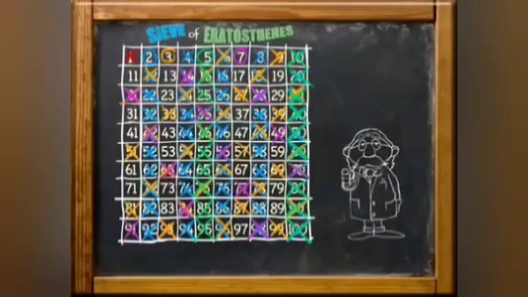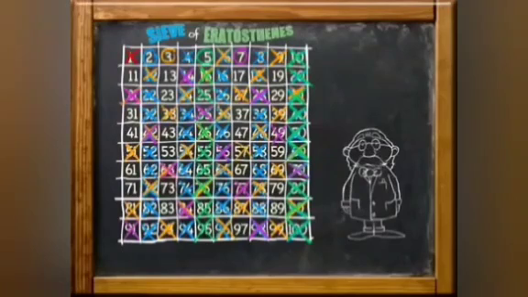Now that we found all the multiples of 2 through 10, all we have left that are not crossed out are prime numbers. Why are they prime numbers? Remember, because they only have factors of 1 and themselves.